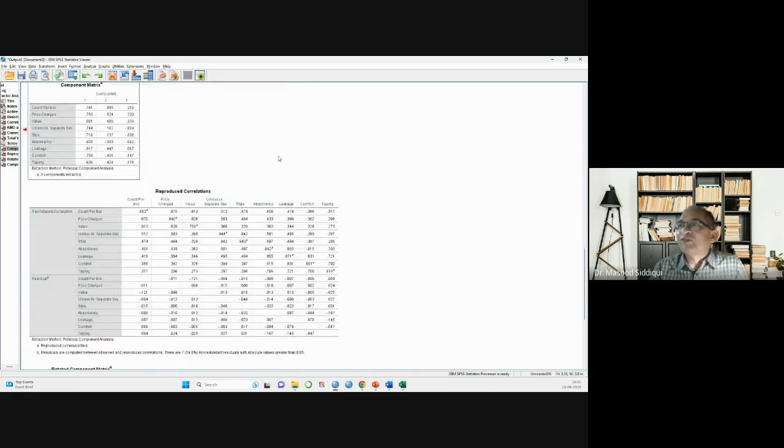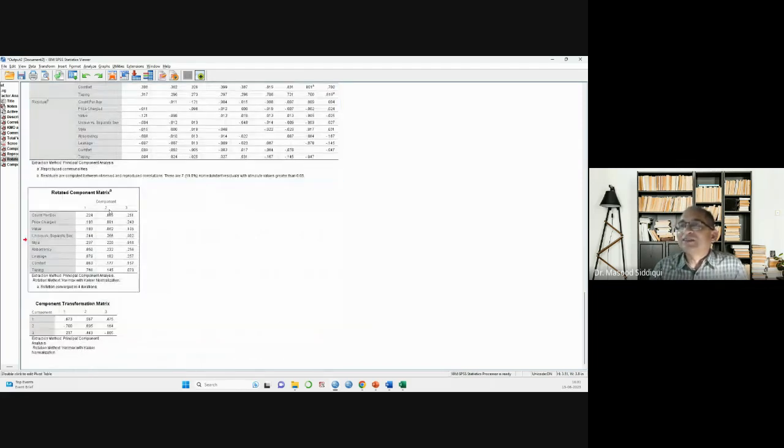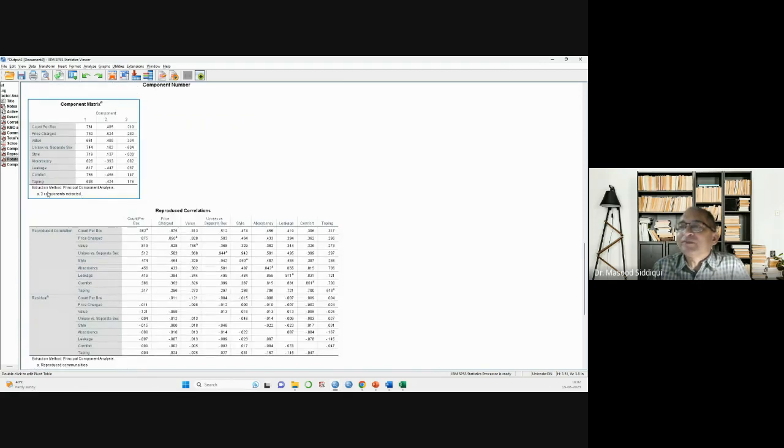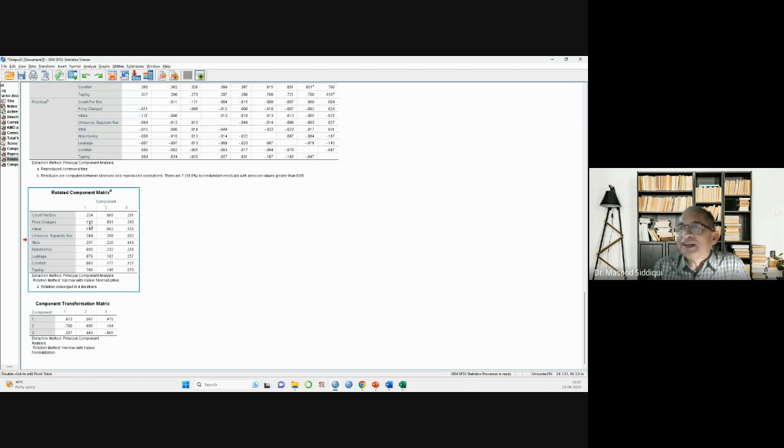So instead of this, now we are discussing the rotated component matrix. You can take a screenshot of this. Remember, up to this point, only principal component has been mentioned. But here, along with the principal component, Varimax rotation has also been mentioned. And this is through 4 iterations of the matrix multiplication.